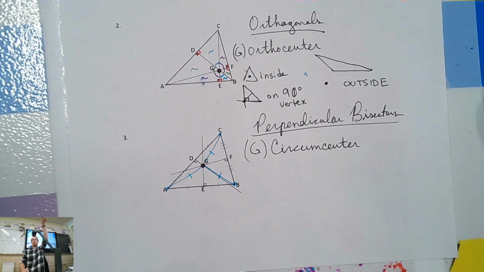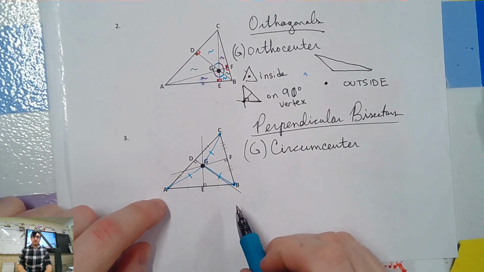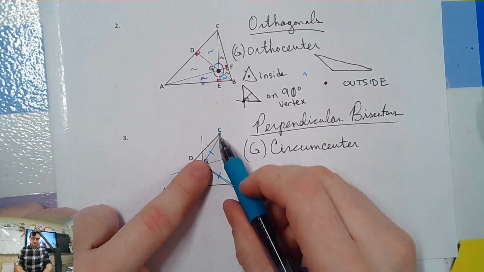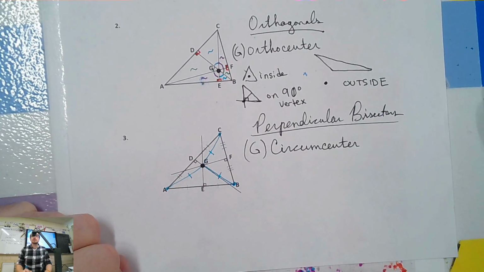Now, if we have a point, and we have a bunch of lines sticking out the same distance from it, what do we get? A circle. Now, where's the circle going to be? This is the radius. Where's the circle going to be? On the outside of the triangle.